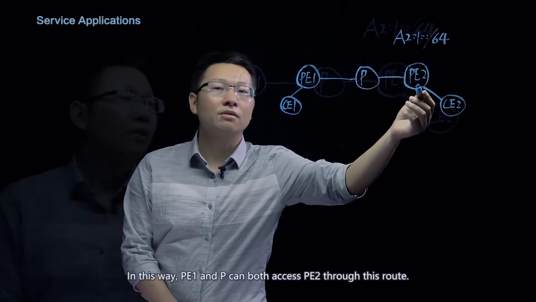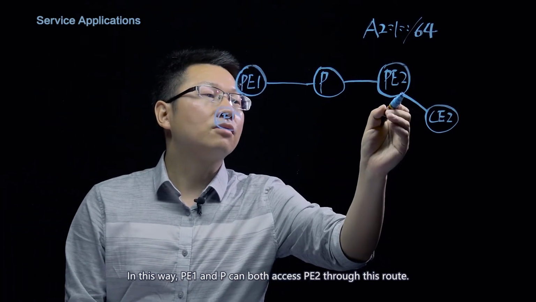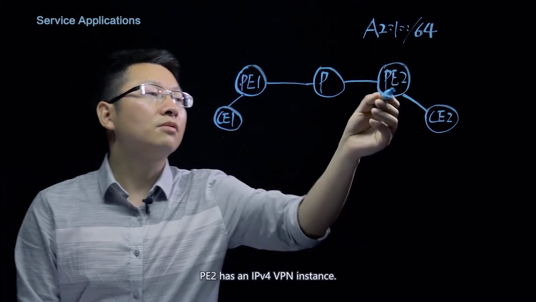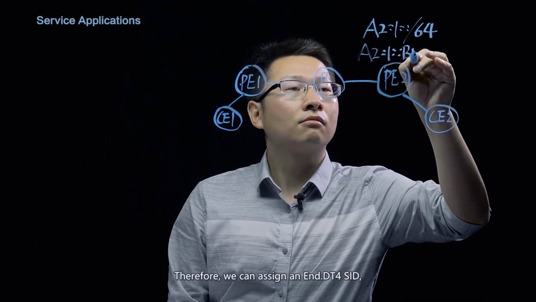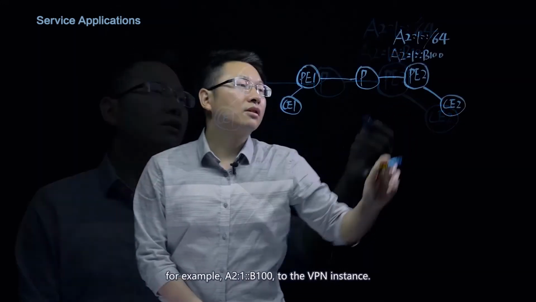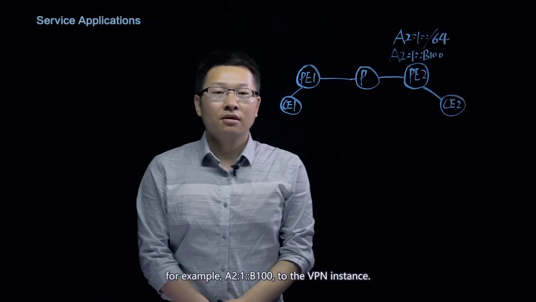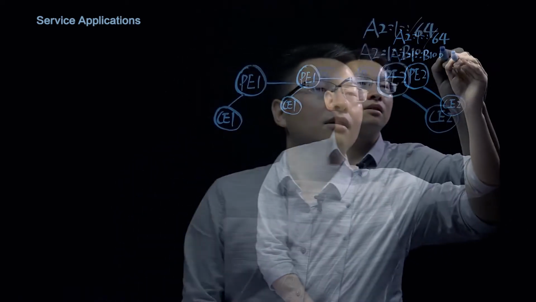In this way, PE1 and P can both access PE2 through this route. PE2 has an IPv4 VPN instance. Therefore, we can assign an End.DT4 SID, for example, A2:1::B100 to the VPN instance.